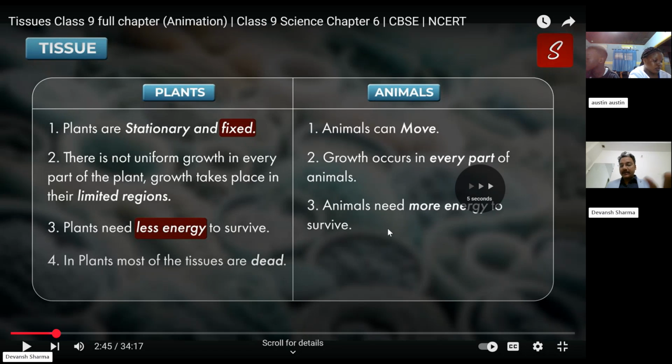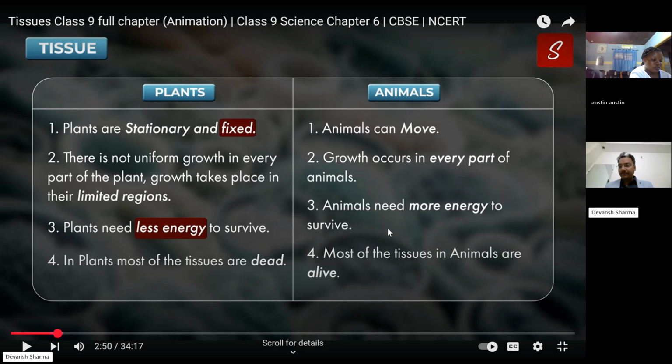Now in animals, we can see that animals can move. Animal growth occurs in every part of the body. Our head grows, our arms grow, our fingers grow, our legs grow. Similarly, if you take the example of a dog, cat, tiger, giraffe, even in terrestrial and aquatic animals, the growth is taking place in every part.